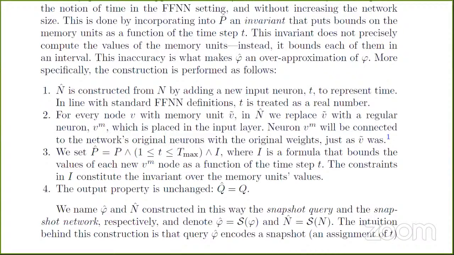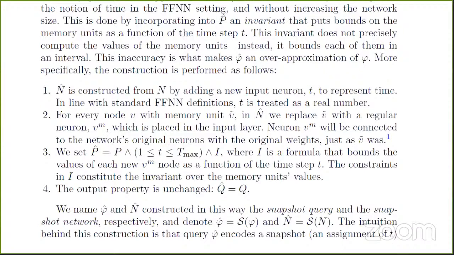So there are two things that we are doing. We are adding a neuron to represent the time, and then for every memory unit, we are putting a regular neuron to represent that. And of course, the edges are intact the way they were with the original weight. So this is how the network is changed.